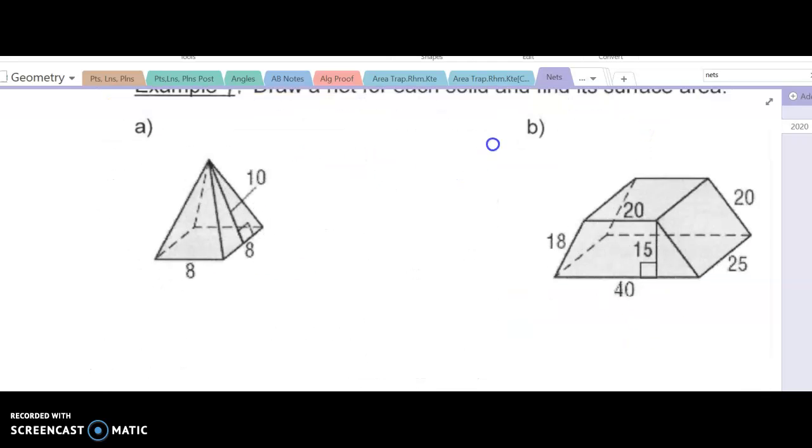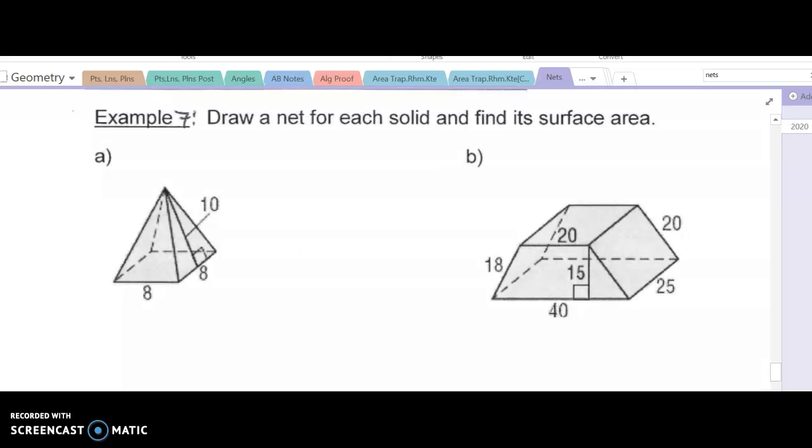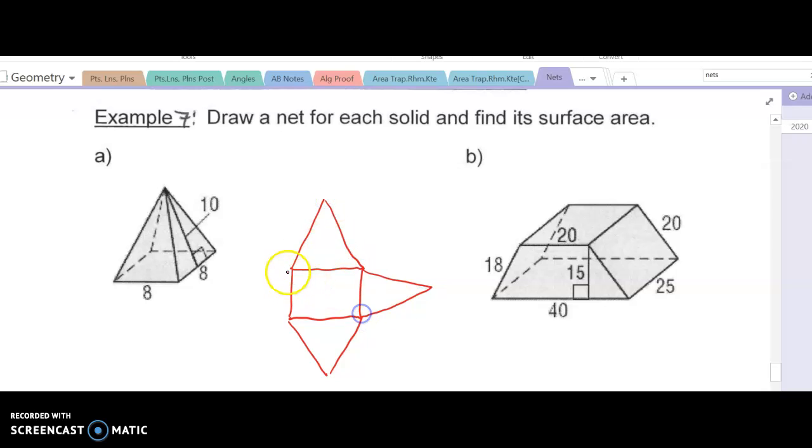So what it says to do is draw a net for each solid figure and find its surface area. So I'm gonna do the flower method here. Okay, and so it looks like the height, the altitude of each of those triangles is 8. No, that's a lie. The height is 10.